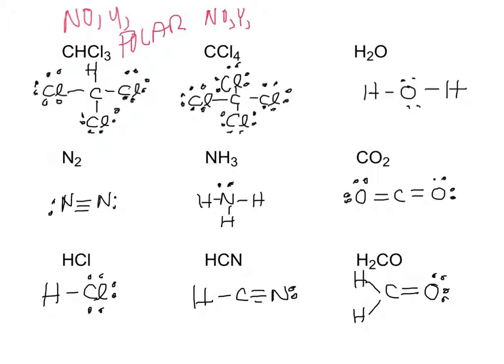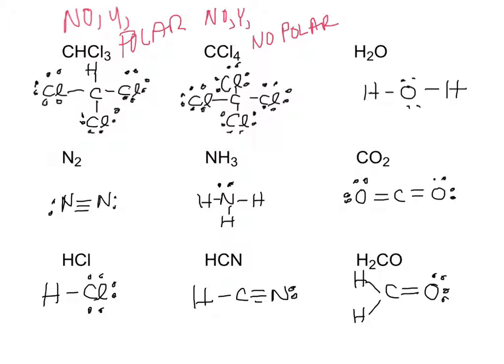The next question is, does it contain polar bonds? It does. The carbon and chlorine are going to be a polar bond. The last question is, are all the polar bonds the same? The answer is yes, so this is going to be nonpolar. Even though it has polar bonds, it's nonpolar because all the bonds are the same. They're all pulling in the correct direction.